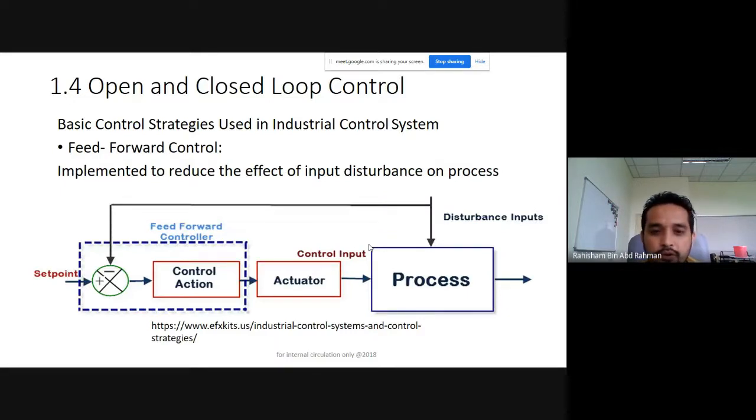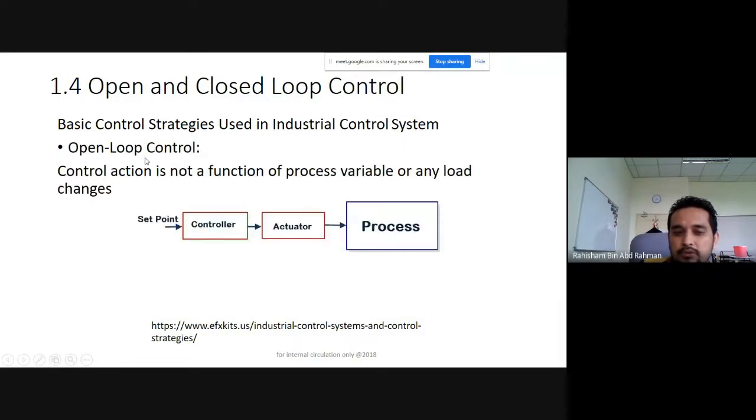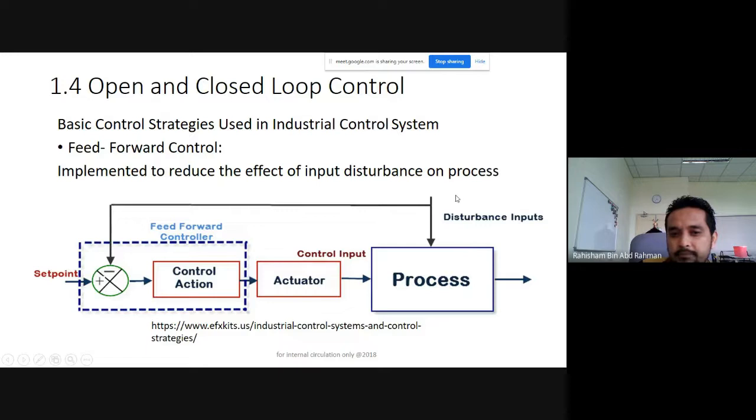Okay, let's go for the next one, feed forward control. What is feed forward control? Now we have the disturbance input, as I explained before. For open loop control, we don't consider the disturbance, but for feed forward control, we start to consider it. Say the environment temperature is fed in, and then it will make an adjustment. From the disturbance input, it knows this needs to be set at 110 degrees.